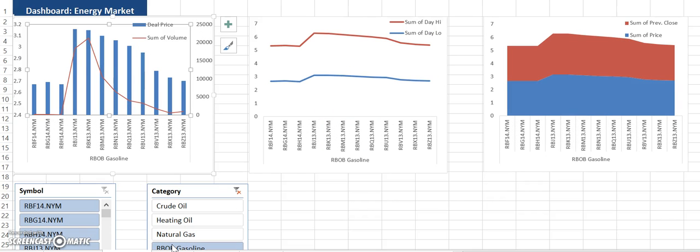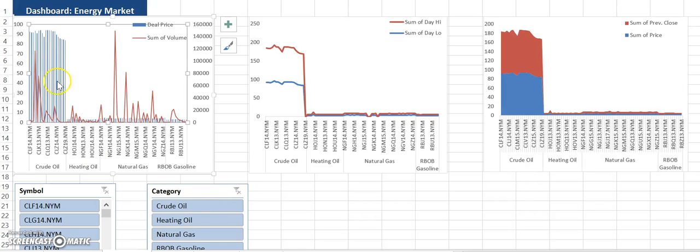It's just random. So we can conclude that volume doesn't influence the price. Besides, we could also know that the deal price is very high for crude oil. This part. But for others, the price is much lower.